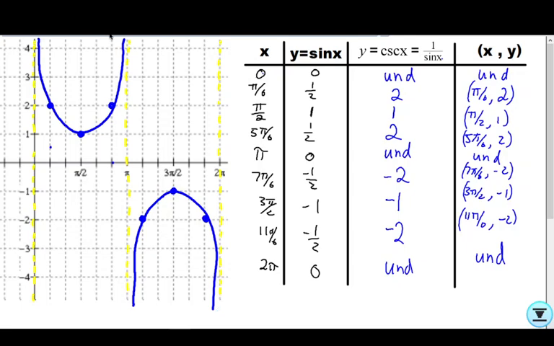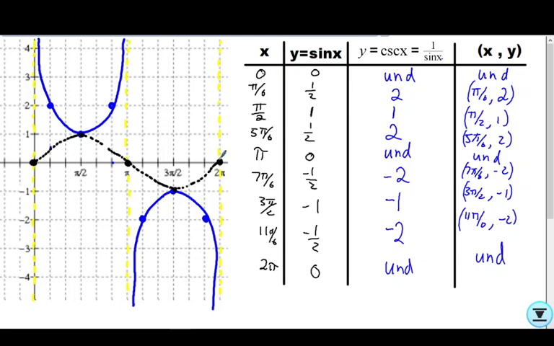Now again, relating it back to its sine wave, if I put in my 5 key points for sine, just like I did for tangent and cotangent, you can see what's happening here. There's a sine wave that cosecant is derived from.